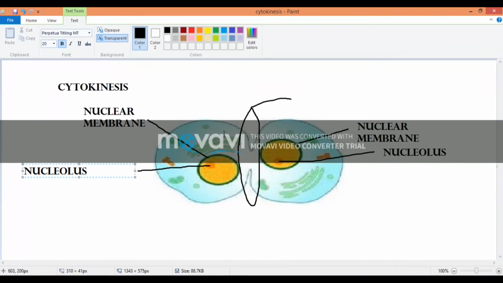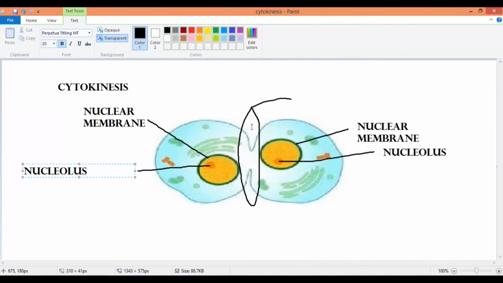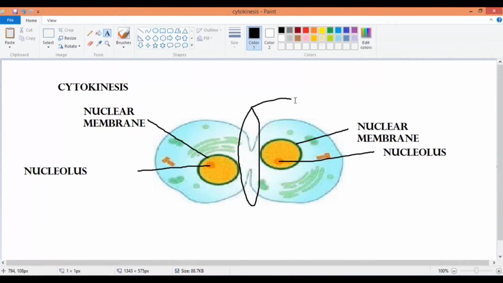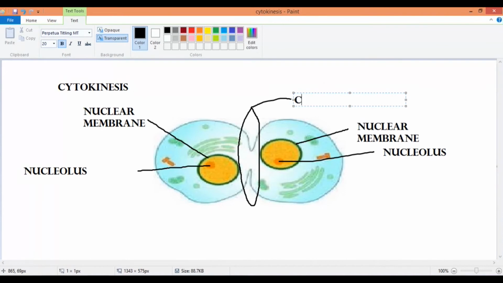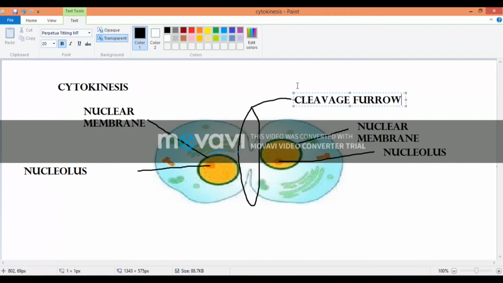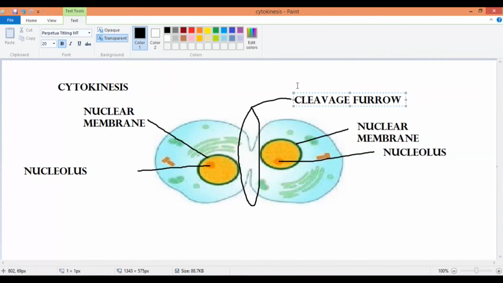So when it comes to cytokinesis, a cleavage furrow is formed. It's called a cleavage furrow, just like, well, it speaks for itself, a cleavage. There is a separation toward them, because in anaphase it is pulled apart on opposite sides, and it results in a breakage and the forming of different cells.